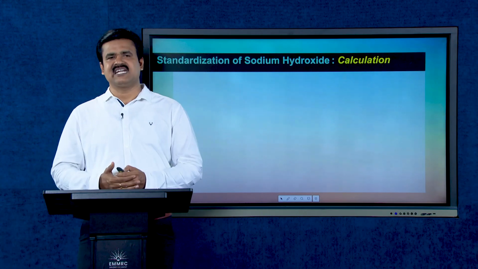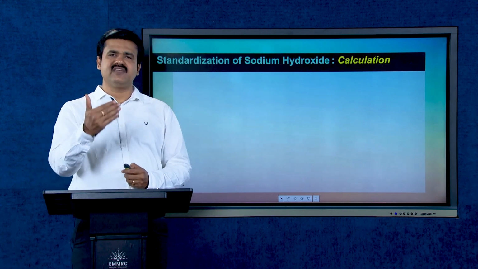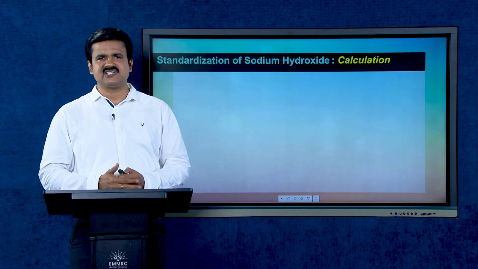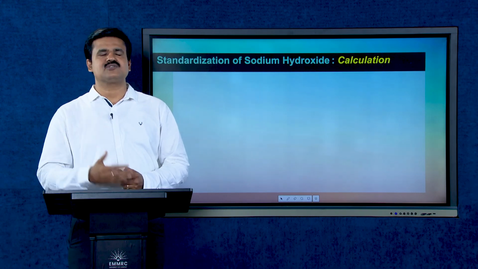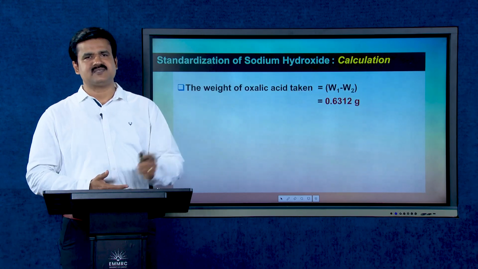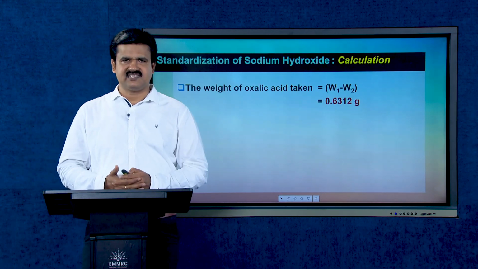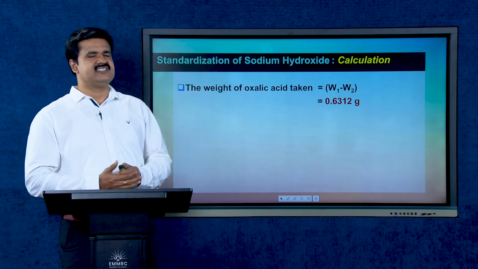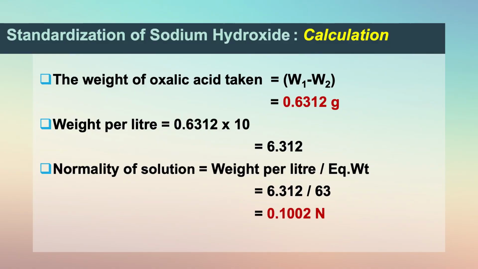We have conducted the standardization of sodium hydroxide, and now we have to perform the calculations to get the normality of the given sodium hydroxide solution. For this purpose, we are beginning the calculation from the weight of oxalic acid. The weight of oxalic acid taken is equal to the difference in weight, that is equal to W1 minus W2, which is equal to 0.6312 gram.